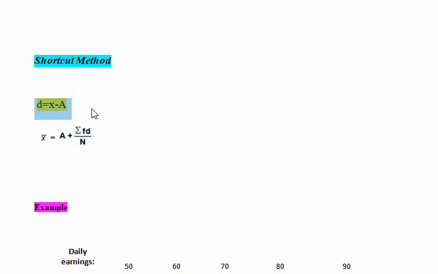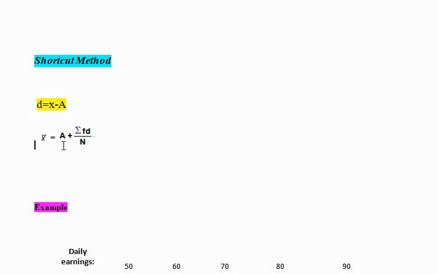Here also we set d equal to x minus a, where a is an assumed average or assumed value. We can set any value as a. Then the formula is x bar equal to a plus sigma d divided by n.